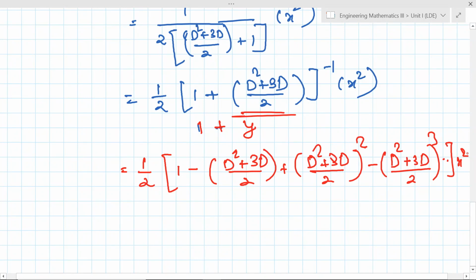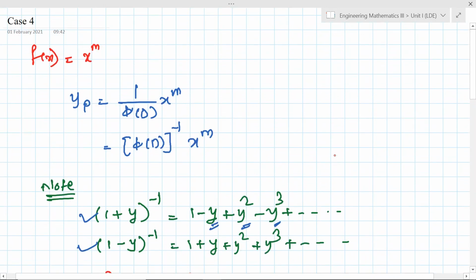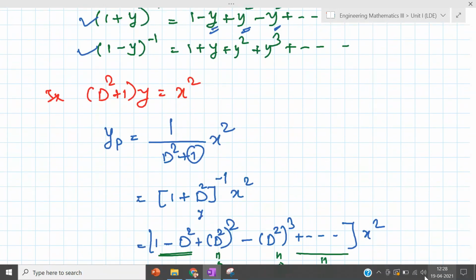And you need to check which are zeros and which are not zeros. Whichever are zero, just skip them, and those which are not zero, take them into consideration. Okay, and you will get the answer for this. Okay, so this is the fourth case. The remaining two cases are also important, and we will discuss them in the next lecture.